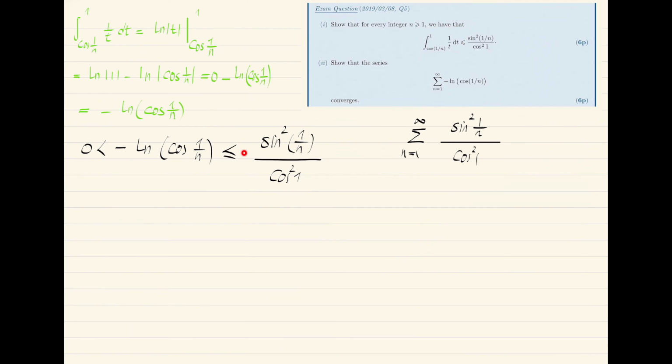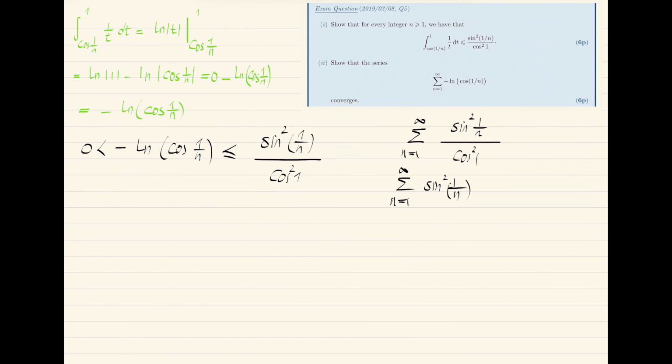Because this inequality is smaller than or equal to, if I am lucky and I can prove that this series converges, then the smaller series also, using the direct comparison test, converges as well. But that's also simple. First of all, this is a fixed number, so you don't need to be worried about this constant. So you can reduce this problem and ask yourself, is this convergent or not?